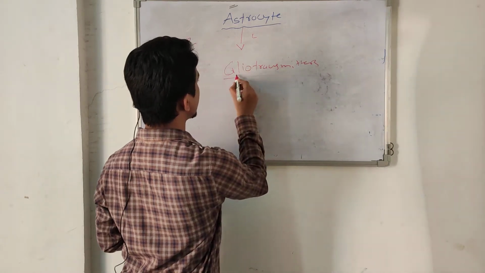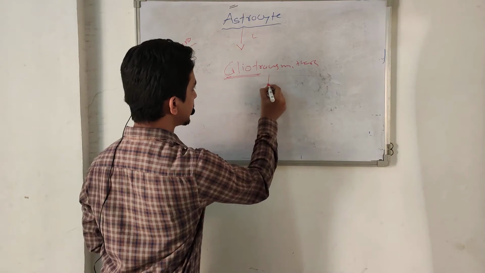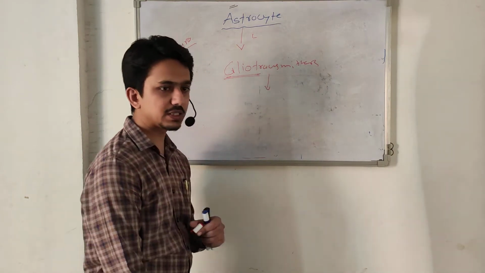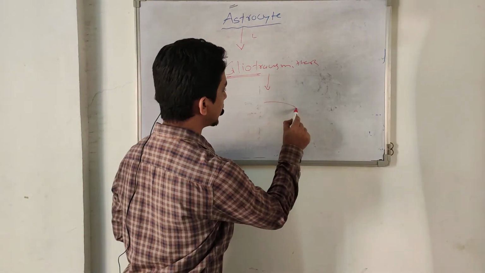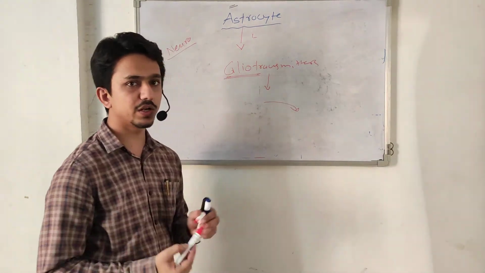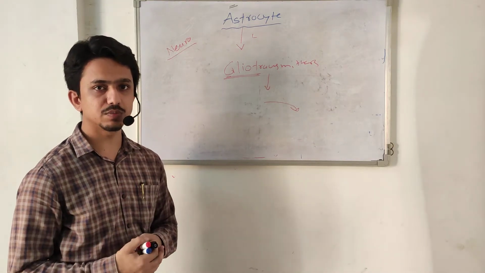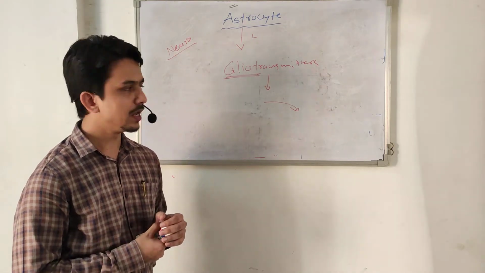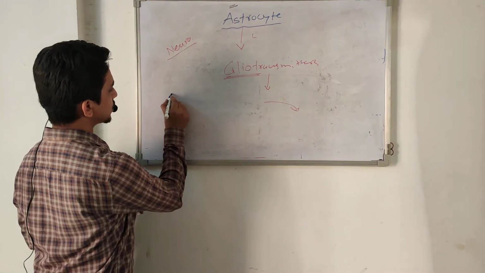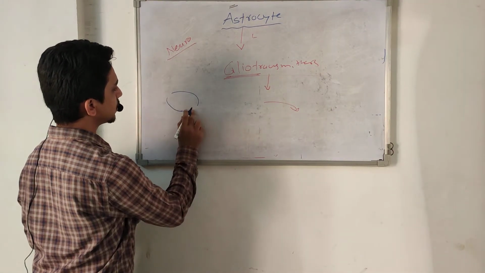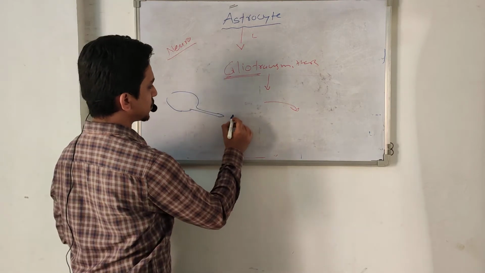Gliotransmitter means a molecule or messenger chemical which is secreted by neuroglia cells, especially astrocytes, and they give a message to the next astrocytes or other neuroglia cells, and they give a signaling mechanism. They give communication. So suppose I draw only one astrocyte with one foot process, and here are the next astrocytes.